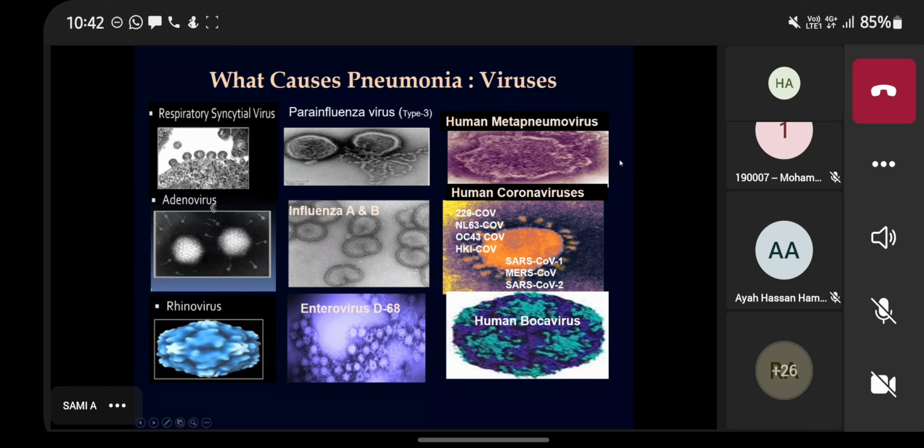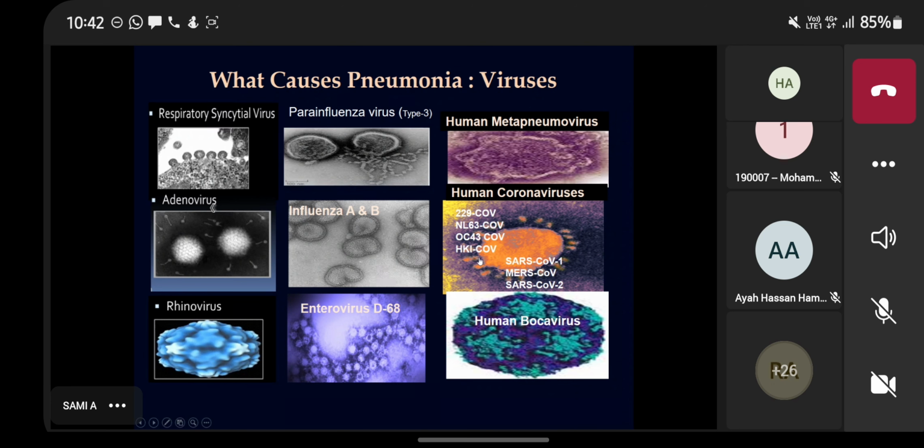Now, moving to human coronavirus, we have two types of human coronavirus. We have non-pathogenic and pathogenic. The non-pathogenic viruses, and I'm sure when you work in our hospital and we do multiplex PCR, you see these viruses: 229 coronavirus, the Netherlands 63, OC43 coronavirus, and HK coronavirus or Hong Kong coronavirus.